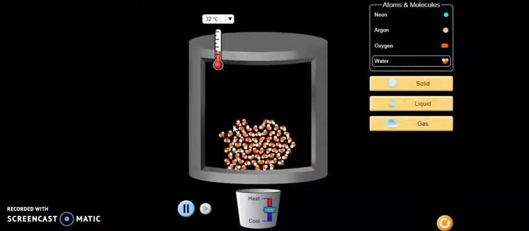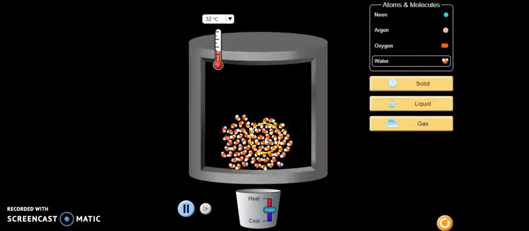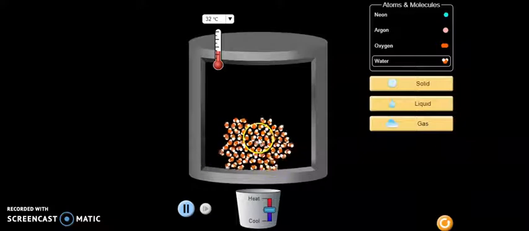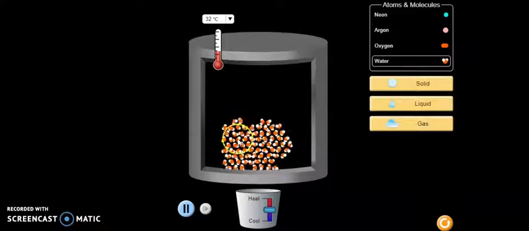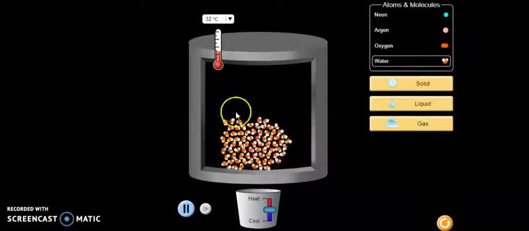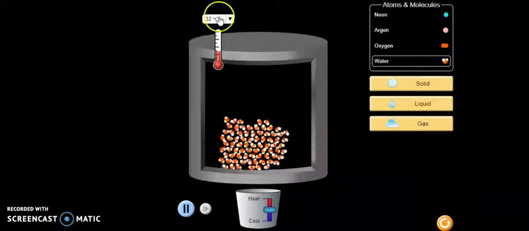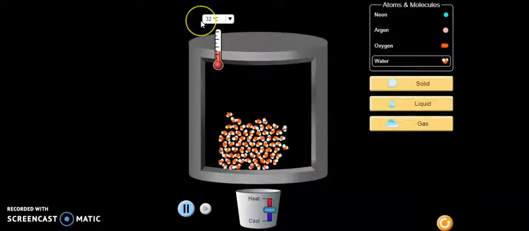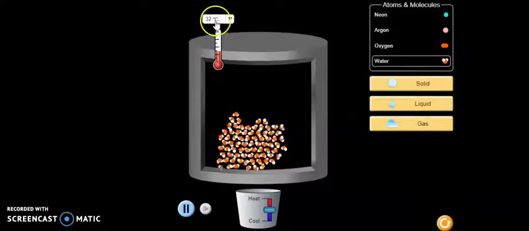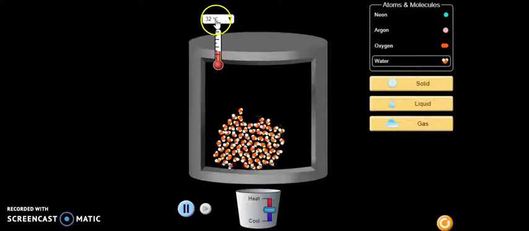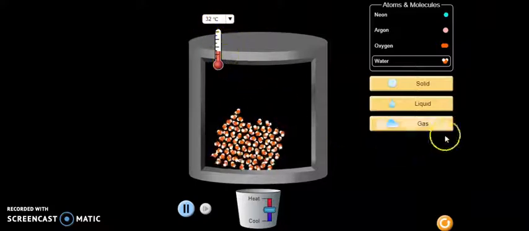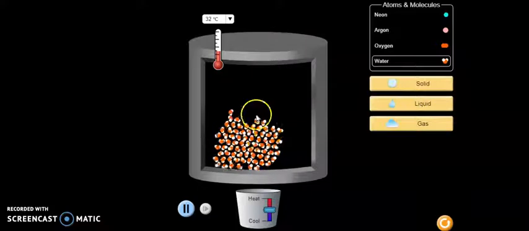So when they are moving faster, they are in motion. So if the particles are in motion, that means they have more thermal energy. Right now, it was negative 127 degrees Celsius. Right now, it's 32 degrees Celsius. That means it's in the liquid state.